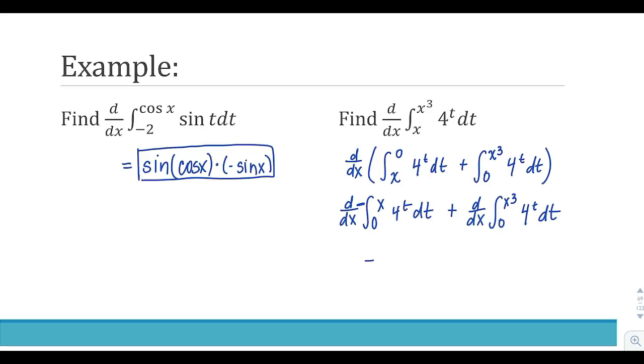So I have negative 4 to the x, and then plus, here I do have to apply the chain rule. X cubed goes into the t, so I am going to have 4 to the x cubed times the derivative of the inside. So the derivative of x cubed, the inside, is 3x squared. So here, we'll write our final answer as negative 4 to the x, and I'll put plus 3x squared in front, and then 4 to the x cubed.